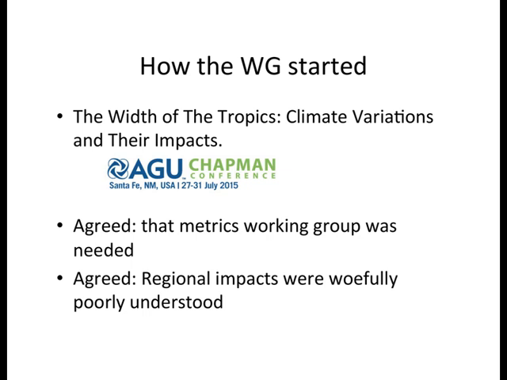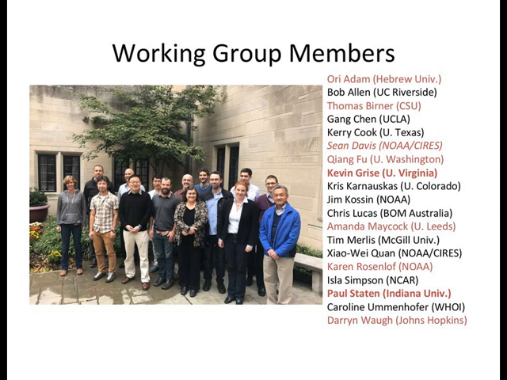I think part of this is probably because of a disconnect between widening theory, which applies on the global level, and widening impacts, which are experienced at a regional level. So we did form a working group the following year, but with a broader focus than just the metrics alone. Kevin and I are the co-chairs, but Sean Davis has been closely involved in a lot of the planning of the group.